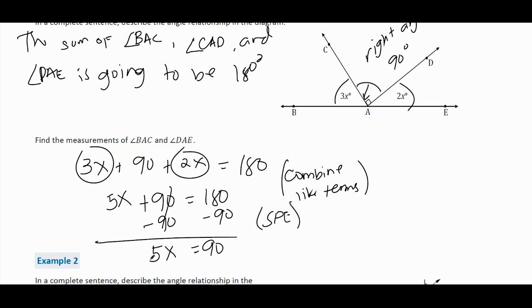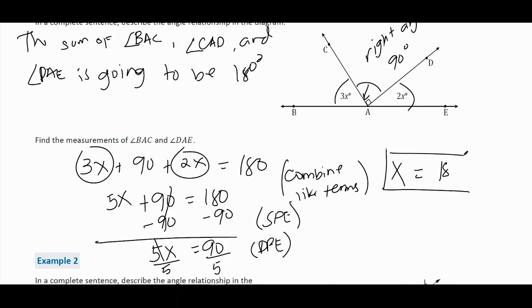So our next step, since this is an integer, we can use DPE by dividing both sides by that particular 5. Therefore, x is equal to, what is 90 divided by 5? That is 18. All right. Now, since we are being asked for the measurement of angle BAC, this angle, and angle DAE, this angle, it says here it's 3x and 2x.